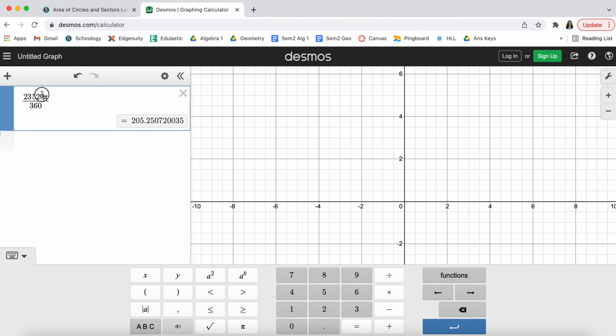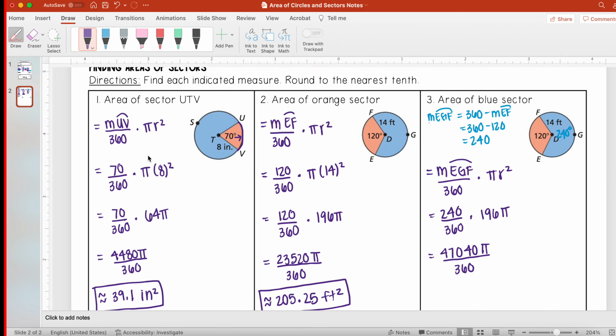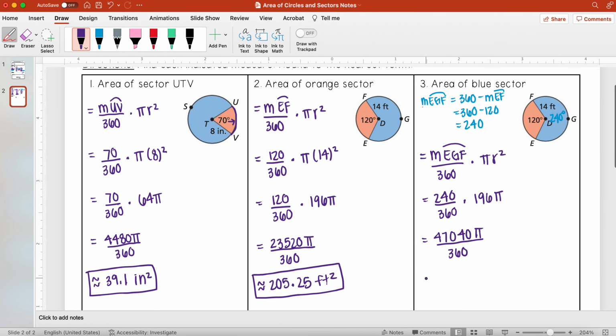And then typing that into Desmos, I get that it's going to be approximately 410.5 feet squared.